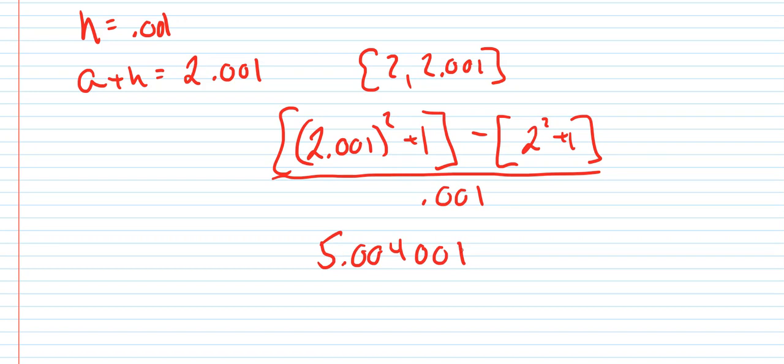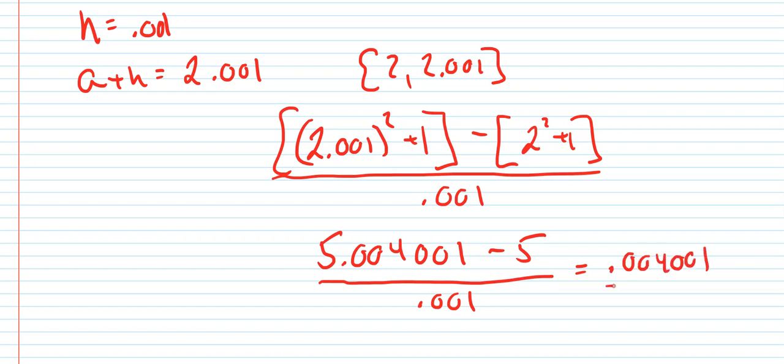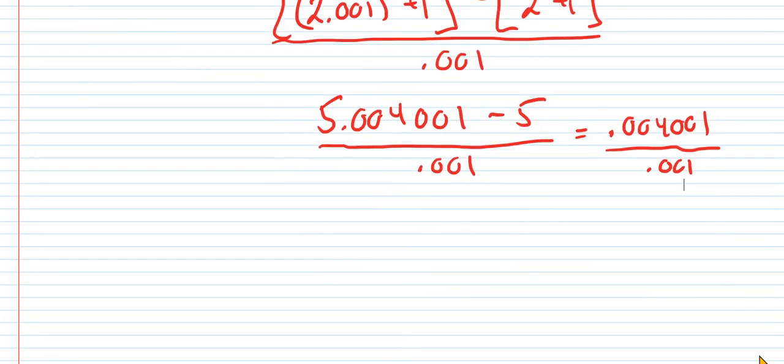Divided by 0.001, that gives us 0.004001 divided by 0.001. And when we divide that out, we end up with 4.001. And so this is our average rate of change over the interval from 2 to 2.001.